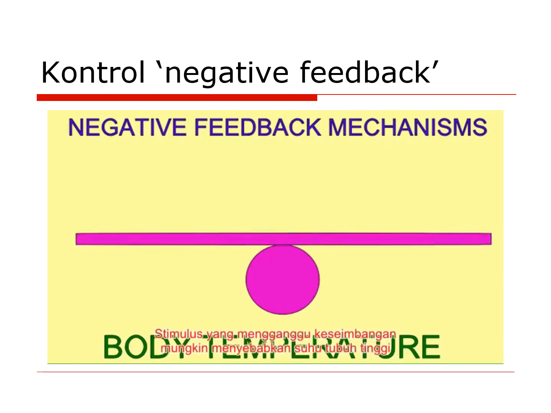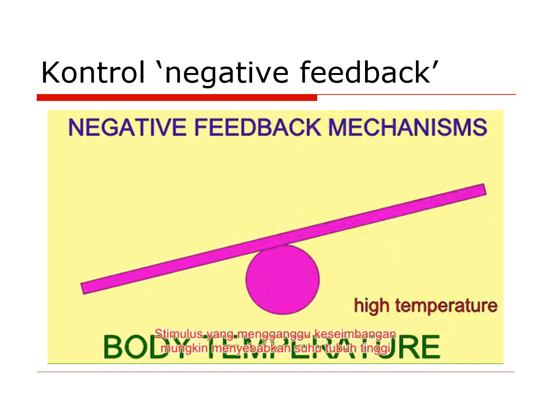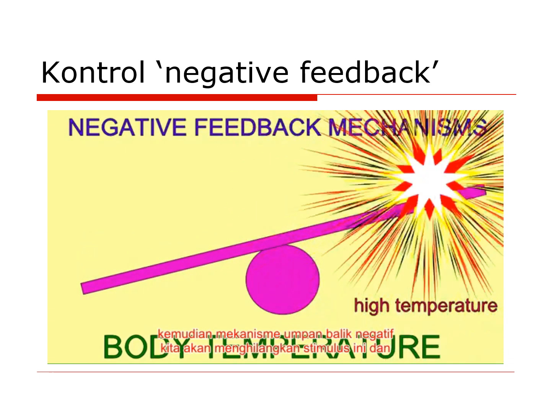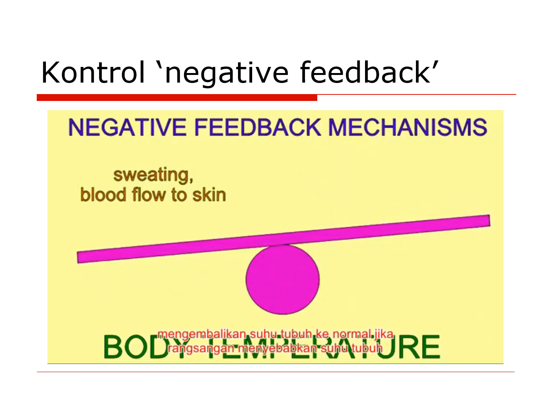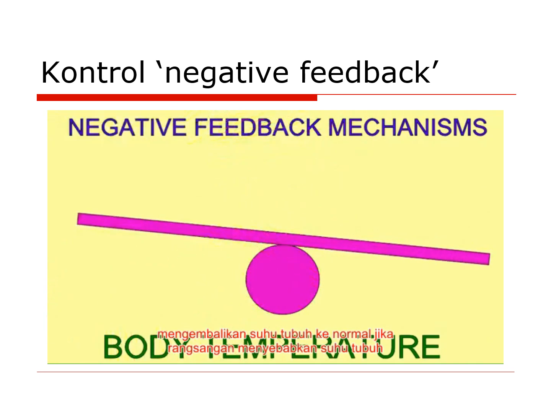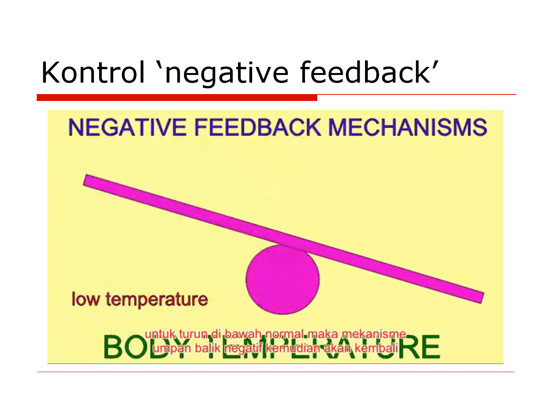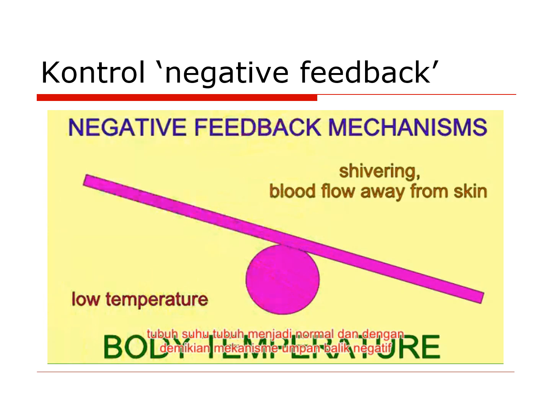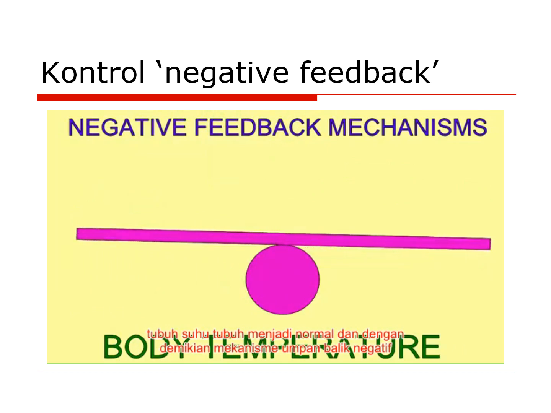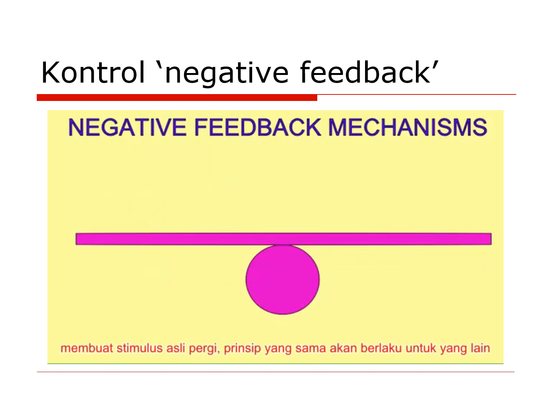If there is a stimulus which disturbs this balance, perhaps causing a high body temperature, then our negative feedback mechanisms will eliminate the stimulus and return the body's temperature to normal. If a stimulus causes the body's temperature to drop below normal, then negative feedback mechanisms will return the body's temperature to normal. And so negative feedback mechanisms make the original stimulus go away.